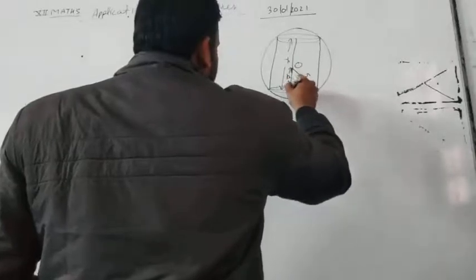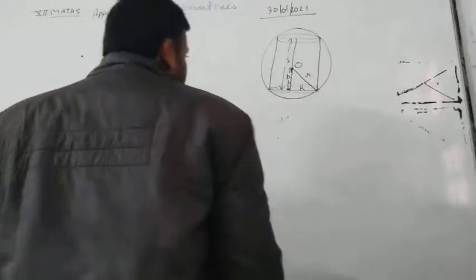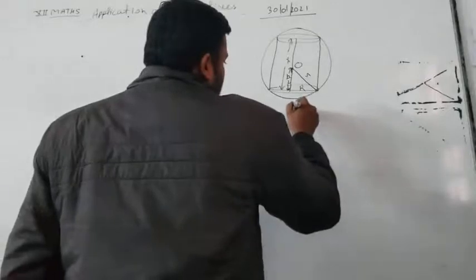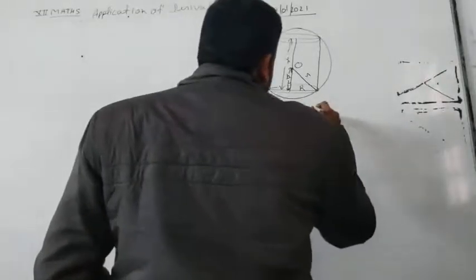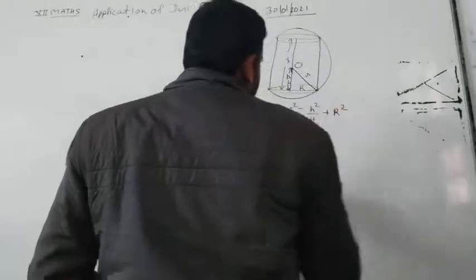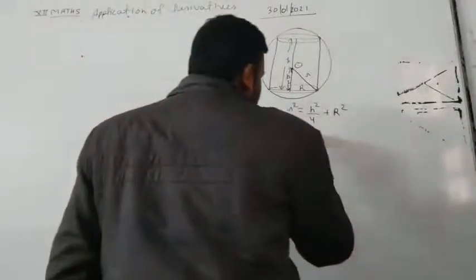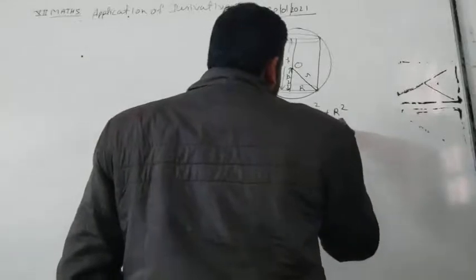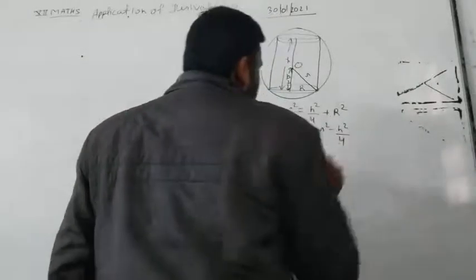So from here we get r square is h square by 4 plus capital R square, and our capital R square will be equal to r square minus h square by 4.